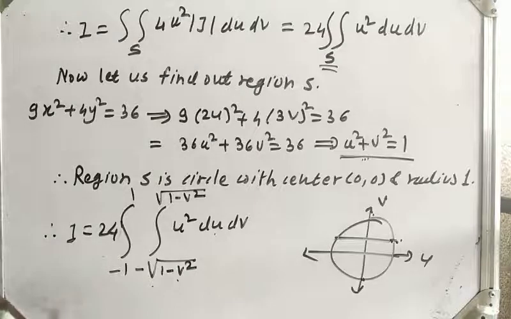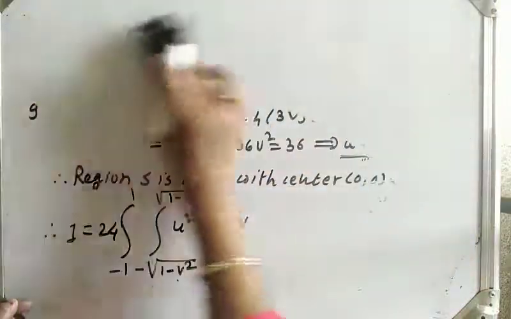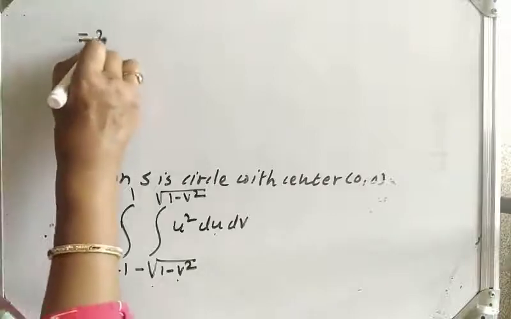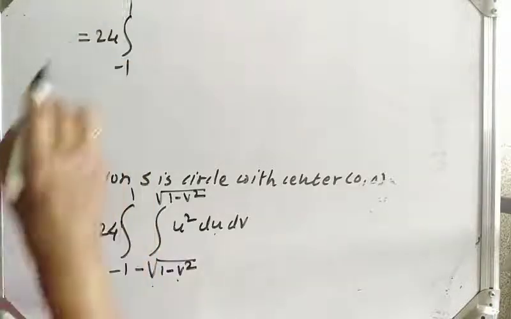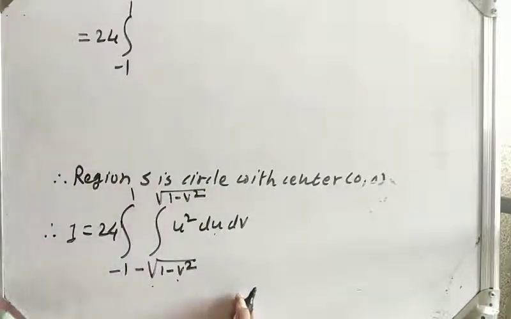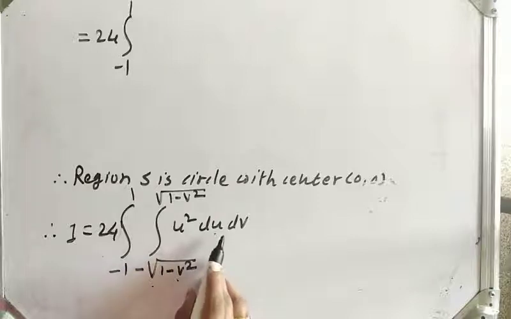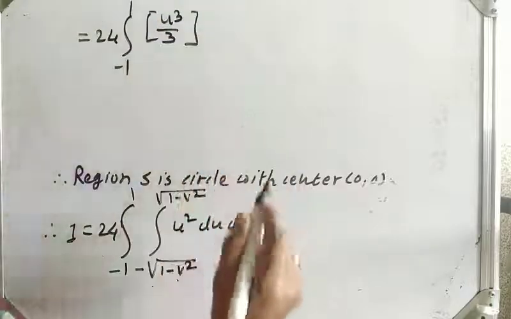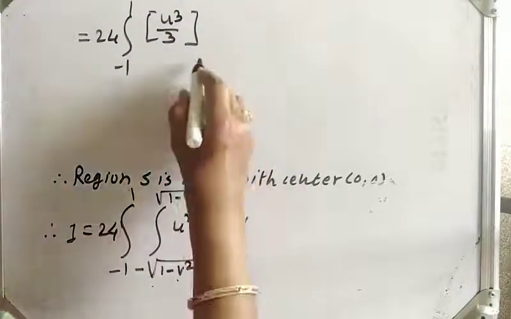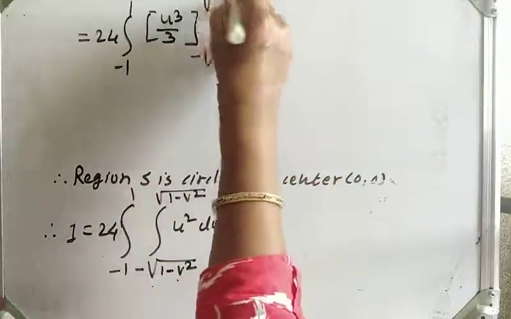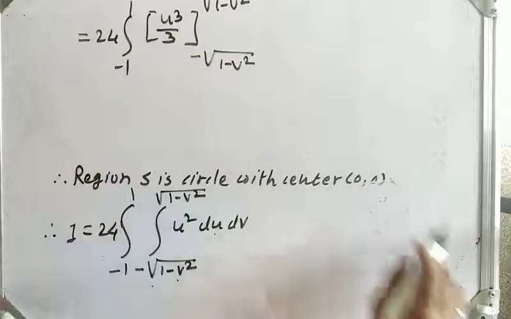Now let us solve it. First integrate with respect to u, so that will be 24 times the integral from minus 1 to 1 of u cube by 3, since the integration of u square du is u cube by 3, with limits minus square root of 1 minus v square to square root of 1 minus v square.